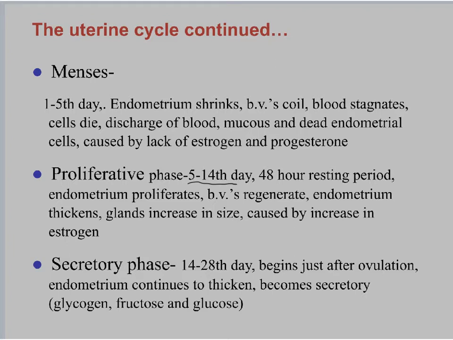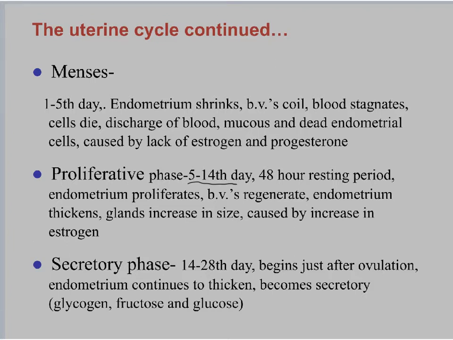And blood vessels are coiling up, or essentially pulling back and dying. Blood stagnates or begins to quit moving. Cells die, so the epithelial cells there die, and then eventually the most superficial layer of the endometrium is lost.